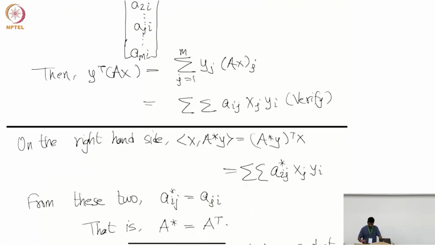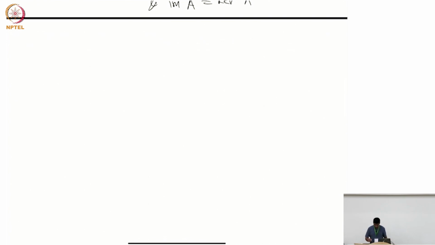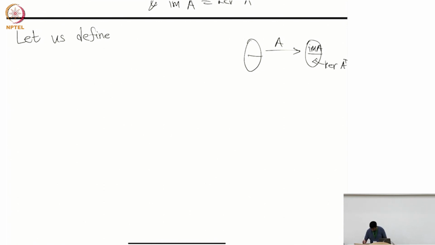So let's define the following, and I'll try and put a small picture of this. Image of A, this is kernel of A transpose, this is image of A transpose, and that's kernel of A. If I take an element that's in the kernel, of course, it's already going to be killed, it's going to become 0.